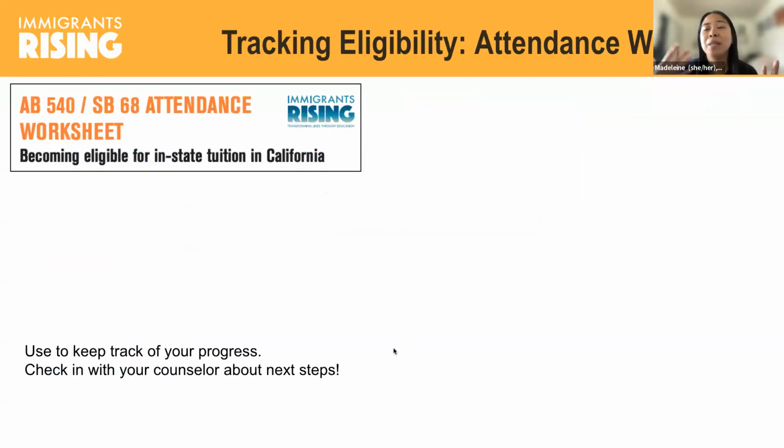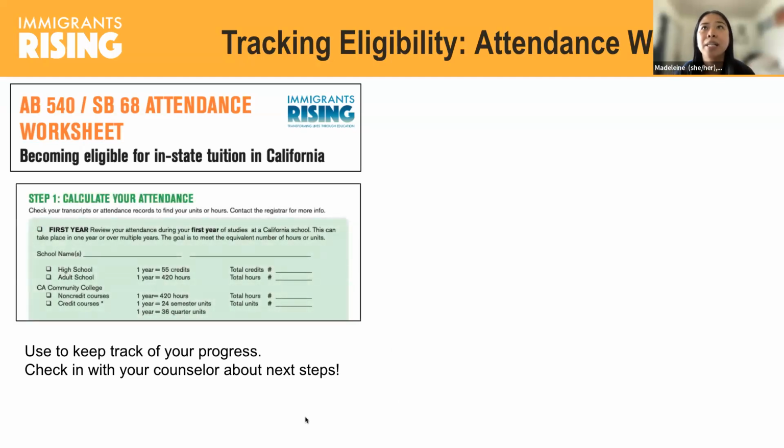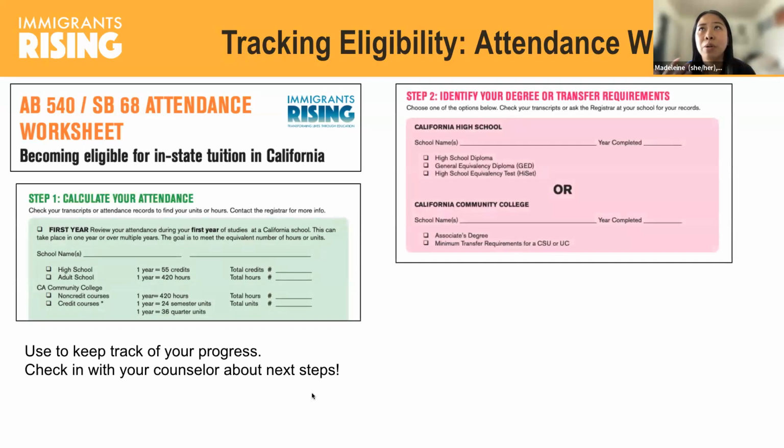Another support that we've been giving here at Immigrants Rising for non-AB 540 students is making sure that they have a place to track their progress in building towards AB 540. Folks here have seen our attendance worksheet, which includes places for students to calculate their attendance and list their degree or transfer requirements, see what they have completed versus what they haven't, and what plan they need to make in order to build the eligibility.